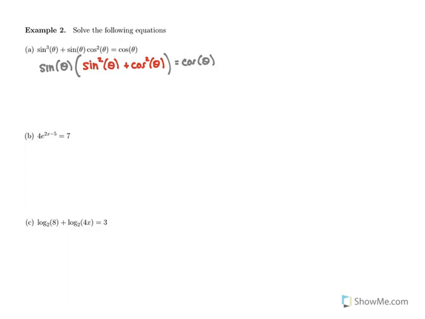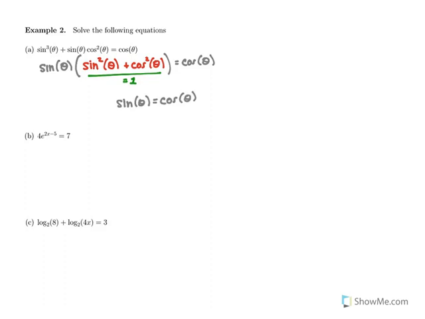If we remember our trig identities, that sine squared plus cosine squared should ring a huge bell, because that whole thing is just equal to 1. That's an important trig identity to remember. So this whole thing goes down to sine of theta equals cosine theta.